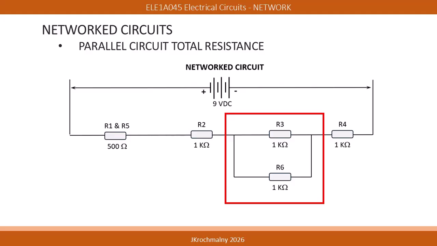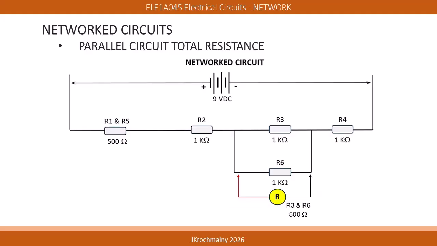Doing the same process with the parallel circuit on the right, made up of the R3 and R6 resistors, we can calculate its total resistance values. If we isolate this parallel circuit and measure with a resistance configured multimeter, with the power removed, of course, 500 ohms of resistance will be displayed.